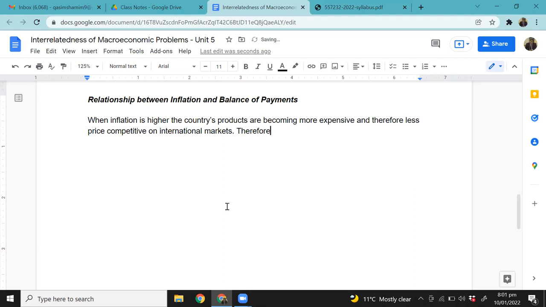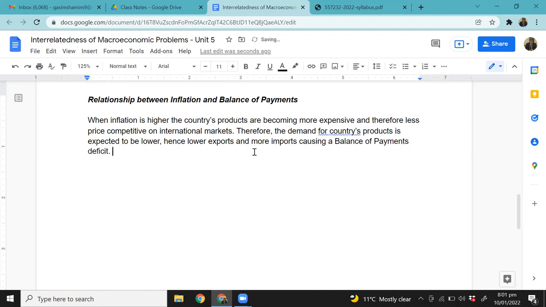Therefore, the demand for the country's products is expected to lower, hence fewer exports and more imports, causing a balance of payments deficit. Got it? Right?